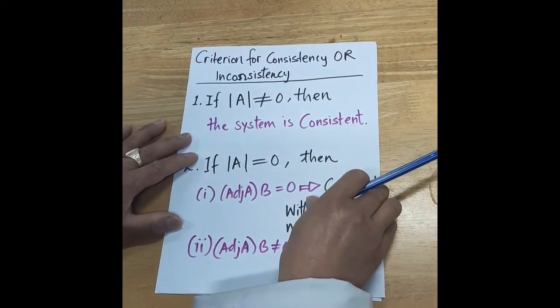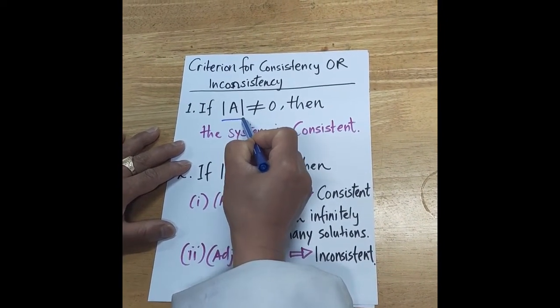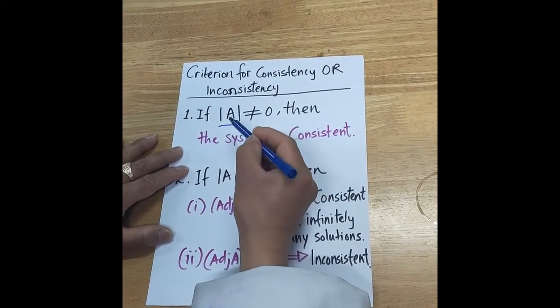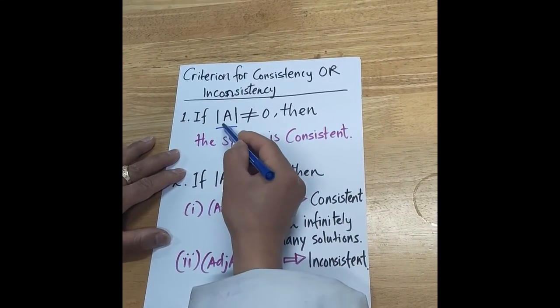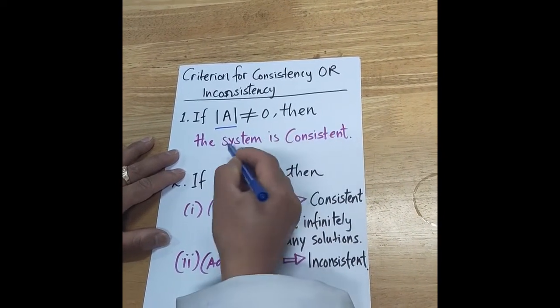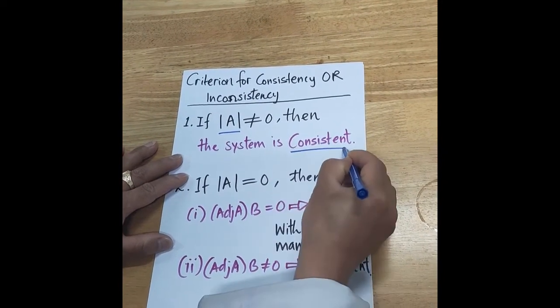In the first step, you have to determine the determinant of the coefficient matrix A. If the determinant of the coefficient matrix A is not equal to 0, then we say that the system of linear equations is consistent.